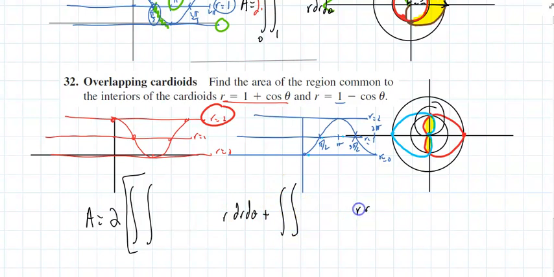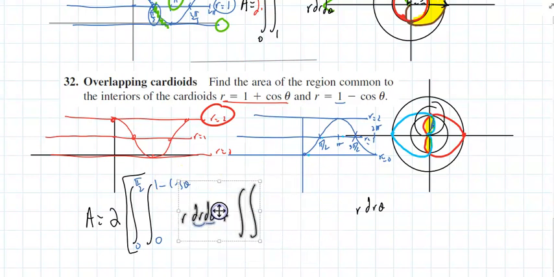If you're certain they're symmetric, you could just do one of those and multiply it by 4. But if I run this from theta equals 0 to theta equals pi over 2, I'll notice that I'm running from 0 to the blue curve, and the blue curve is 1 minus the cosine of theta.